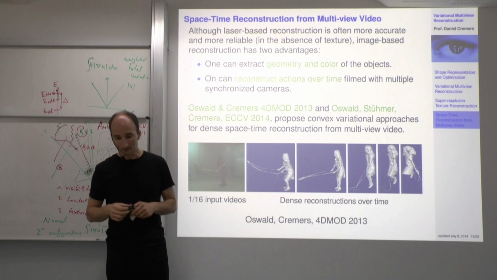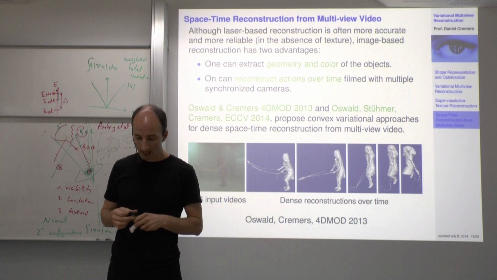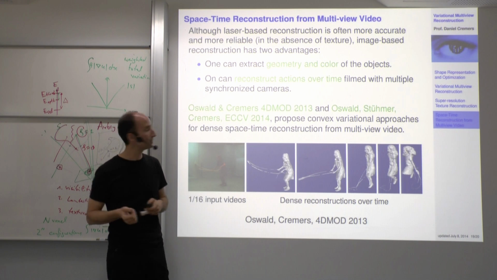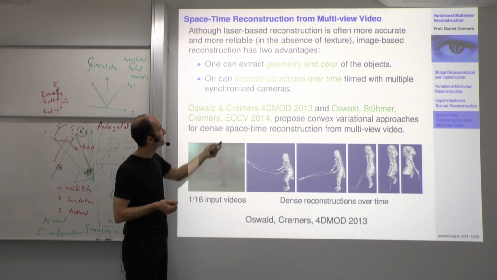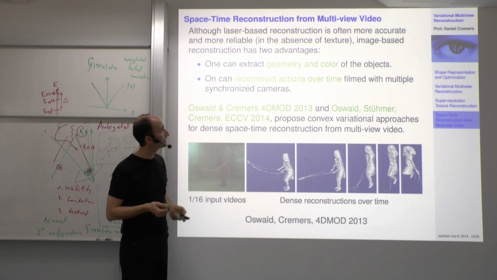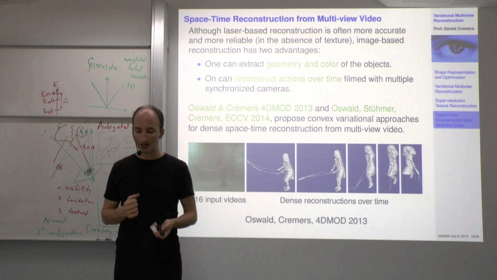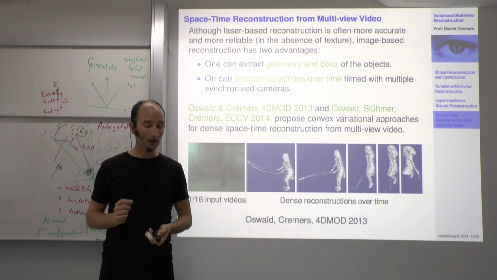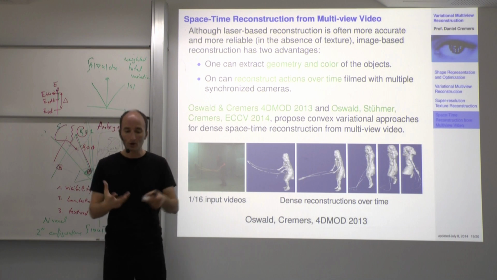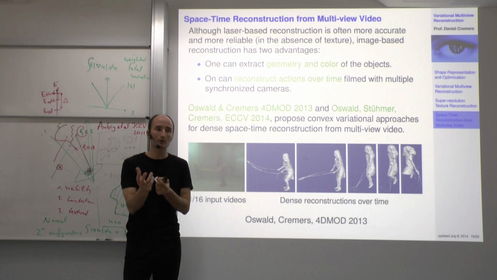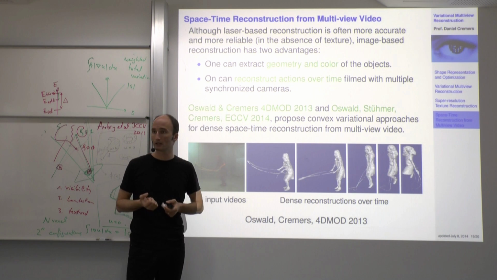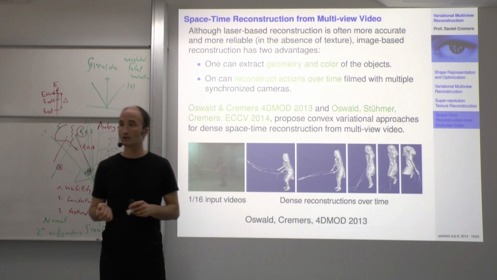But image-based reconstructions have several advantages, two of them being that you can estimate, as I showed you in the previous slides, the geometry and the color on the surface. And for modeling the world, you often not only want geometry, but you want coloring, especially for understanding the world, right?